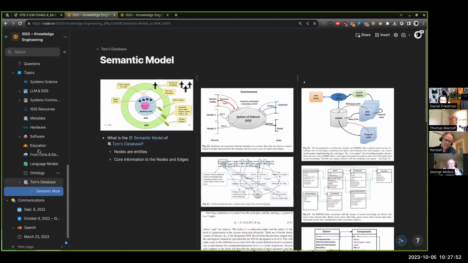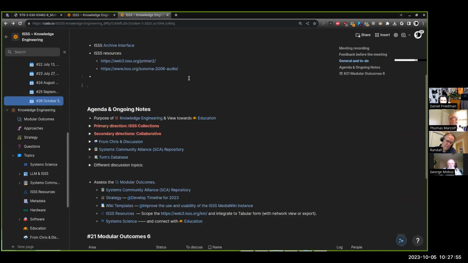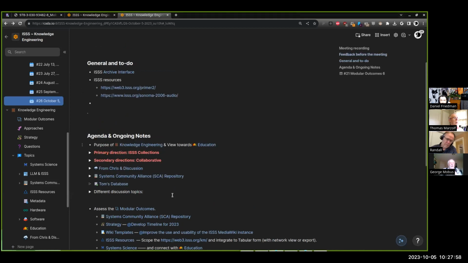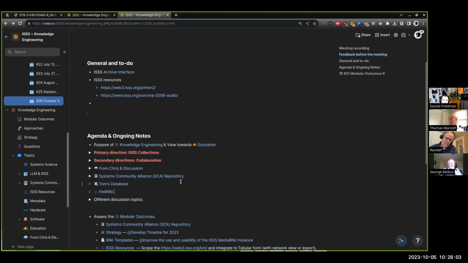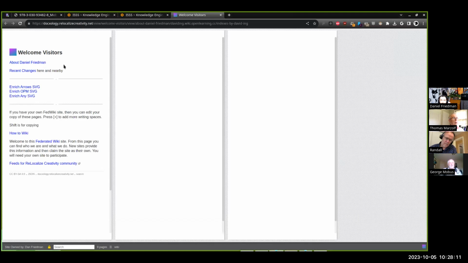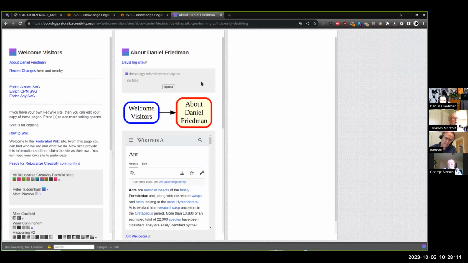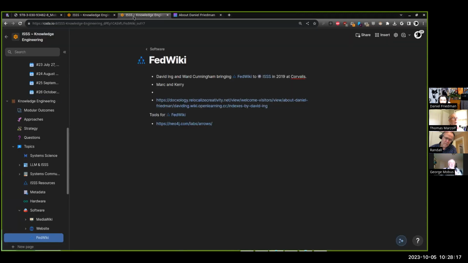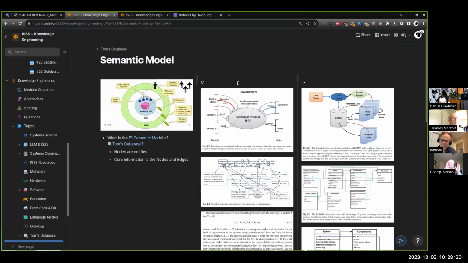I was participating in Ward Cunningham's meetings, but at some point they were spending so much time on the mechanical details. I tried to use it, and I got a little bit lost in the format of having these columns that jump across and so forth. I think there's a lot of powerful stuff there. I just never quite got into it myself.